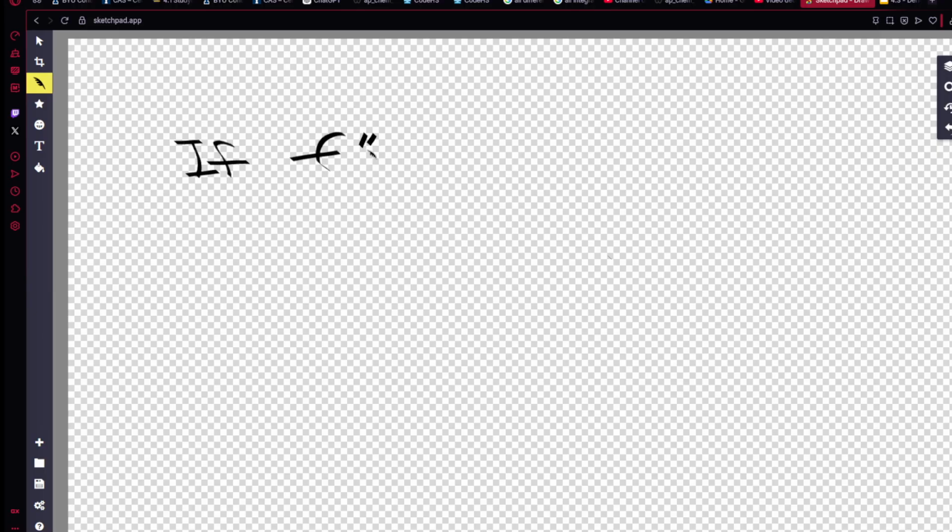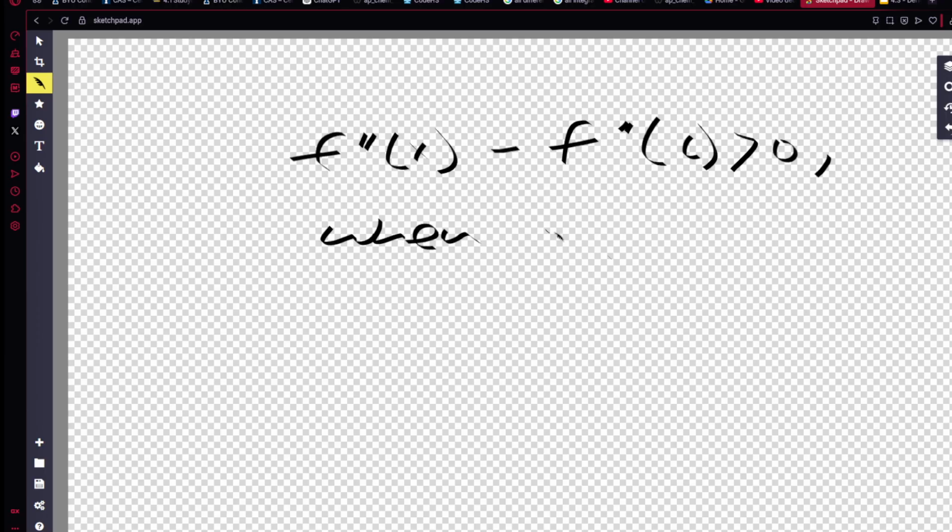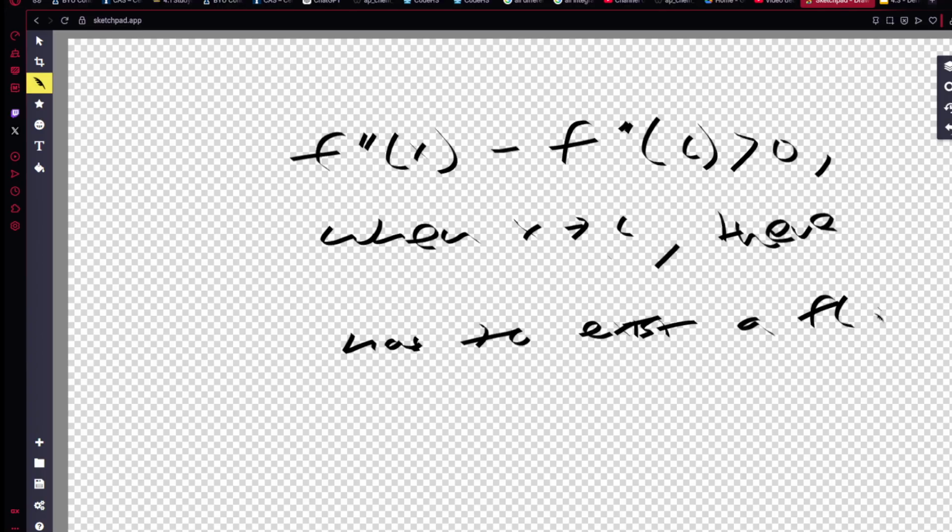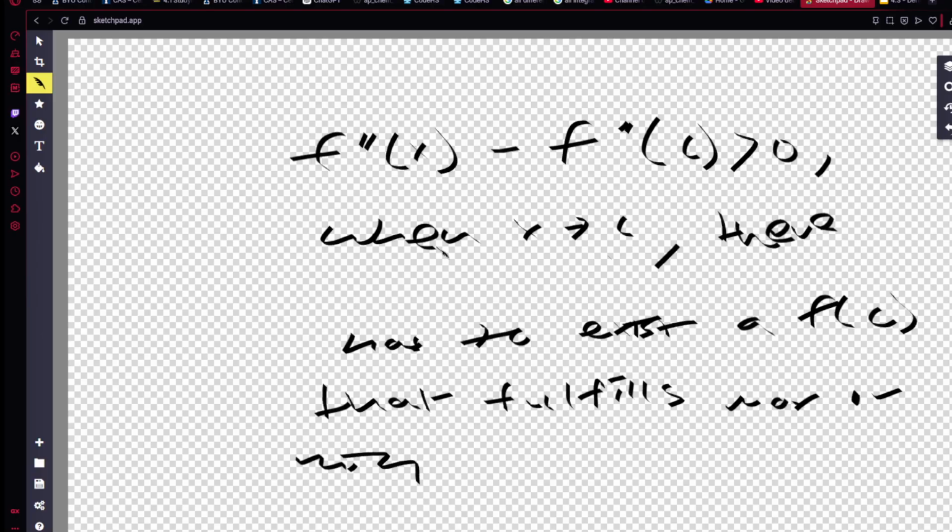If f prime of x minus f prime of c is greater than 0, when x approaches c, well, I guess x would be the input here, there has to exist a f of c that fulfills max or min. And that's as close as we can take x or c.